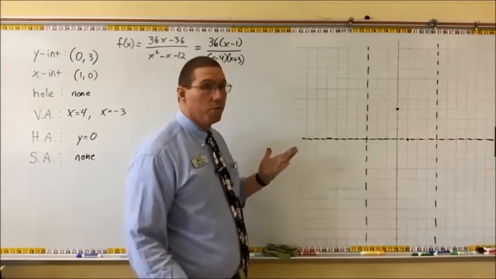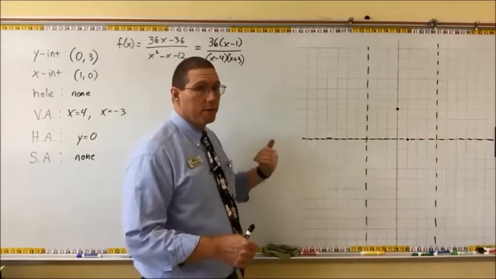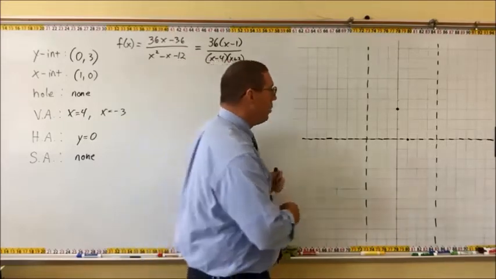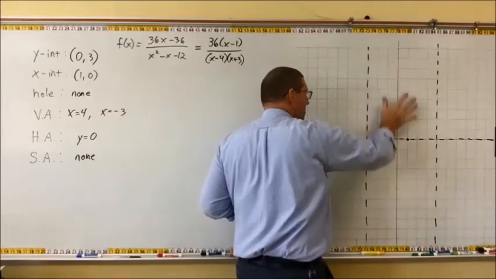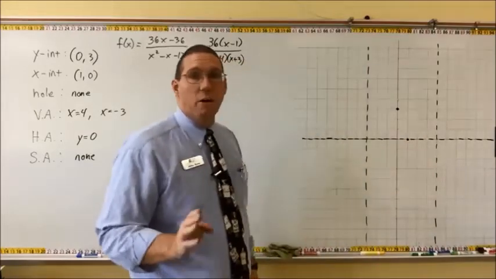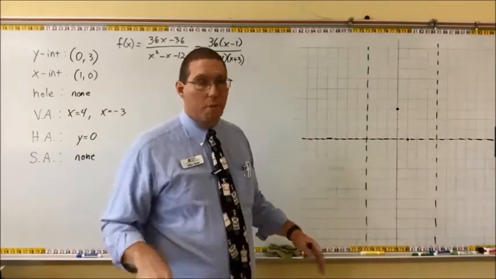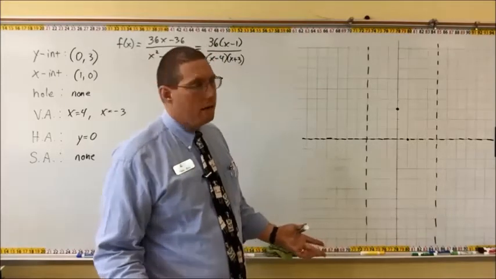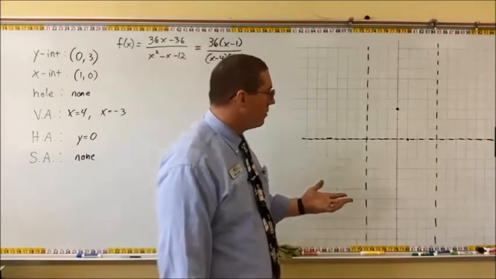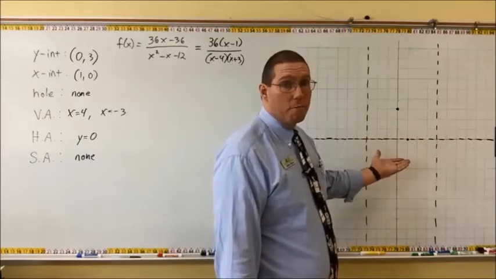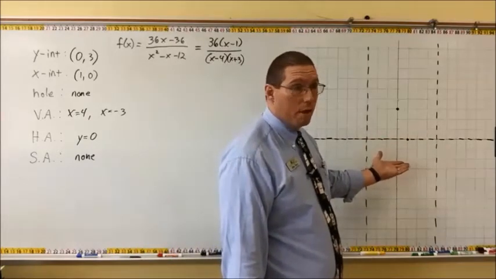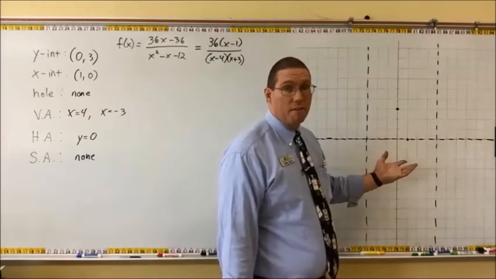Up to this point, we've only had two sections, a right side section and a left side section. But now we have a right side section, a left side section, and a middle section. That horizontal asymptote has no effect. Well, it's not no effect. Sometimes it can, but it doesn't really have an effect on the middle section. So we have to find out whether the asymptote is having an effect at all.